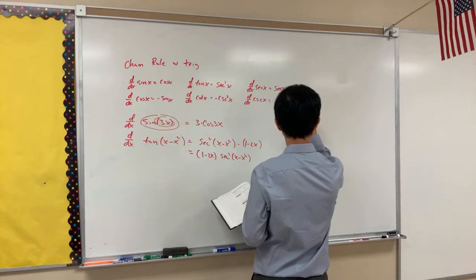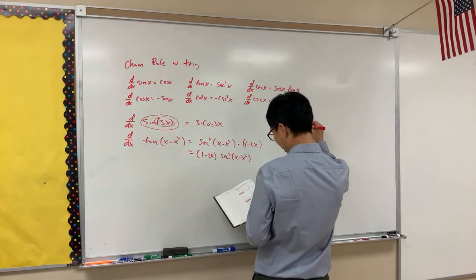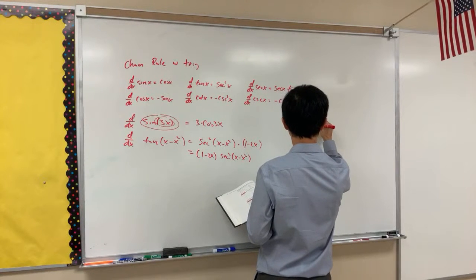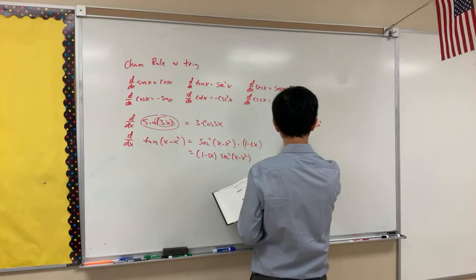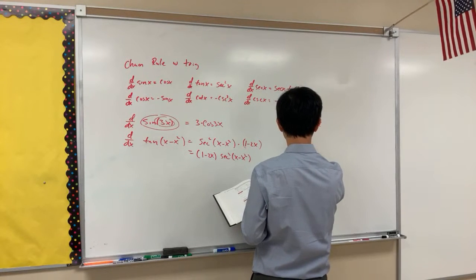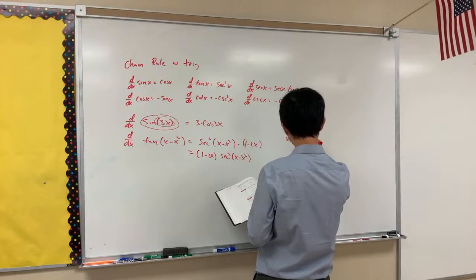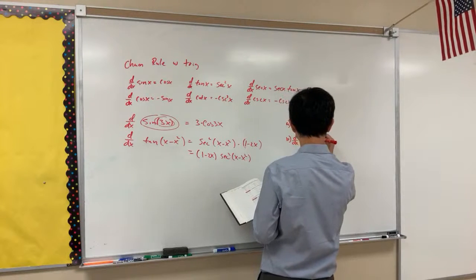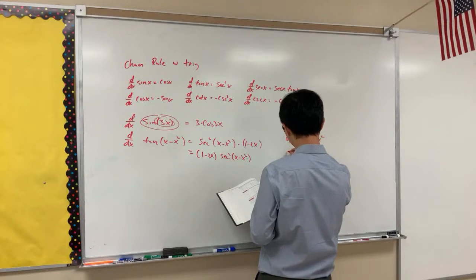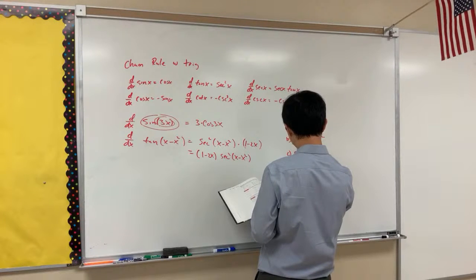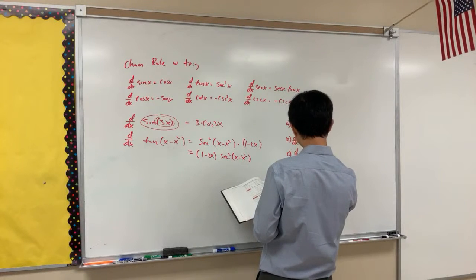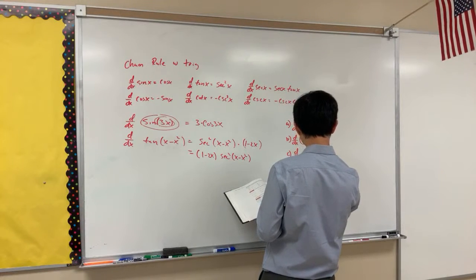A is d/dx of cosine of 3x squared. B is d/dx of cosine of 3 parenthesis x squared. C is d/dx of cosine of 3x squared.